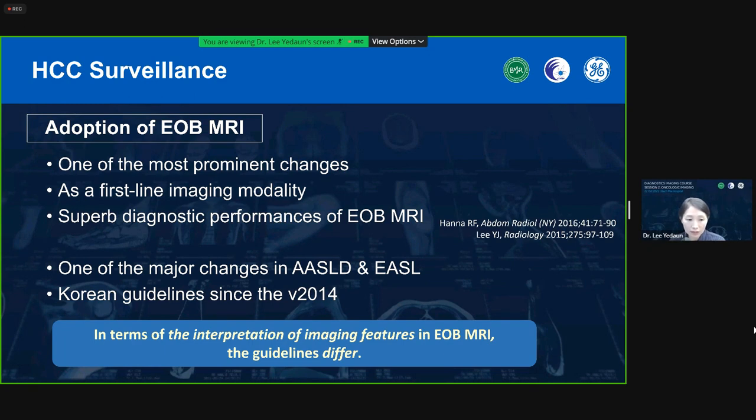The superb diagnostic performance of EOB MRI has been proven by the recent meta-analysis. It's one of the major changes in AASLD and EASL in 2018, while the Korean guidelines have embraced EOB MRI as a major imaging modality since the previous version. However, in terms of the interpretation of imaging features in EOB MRI, there are some differences.